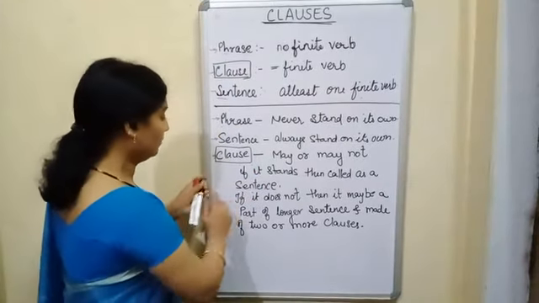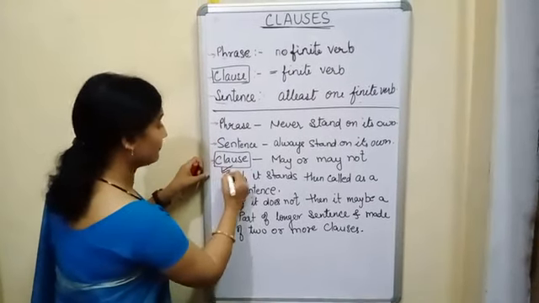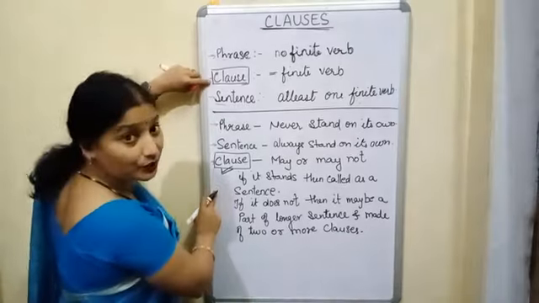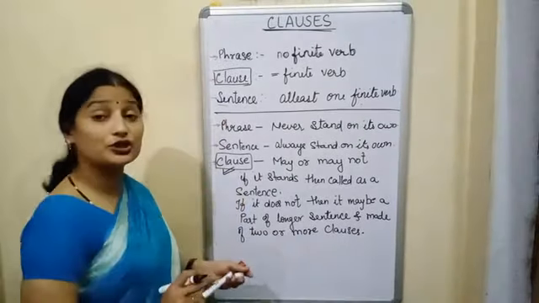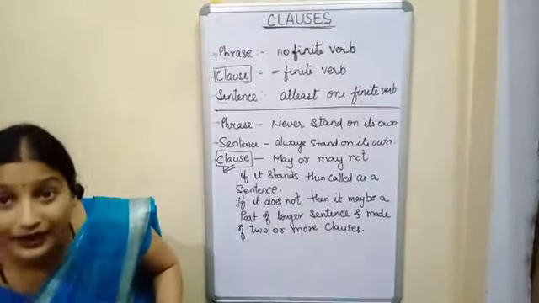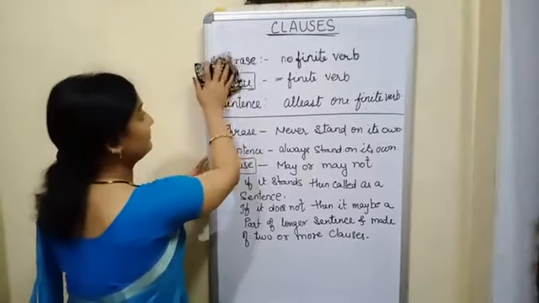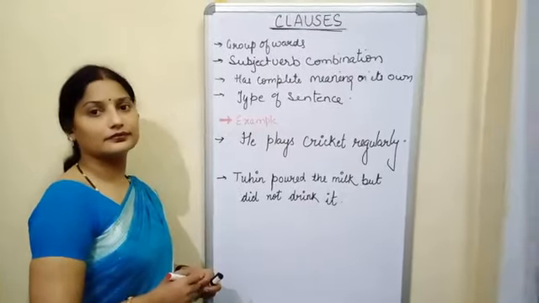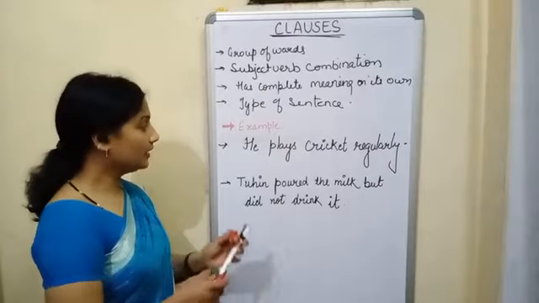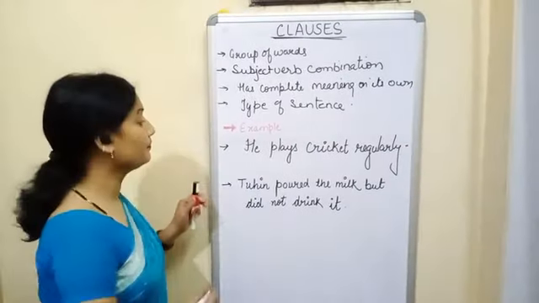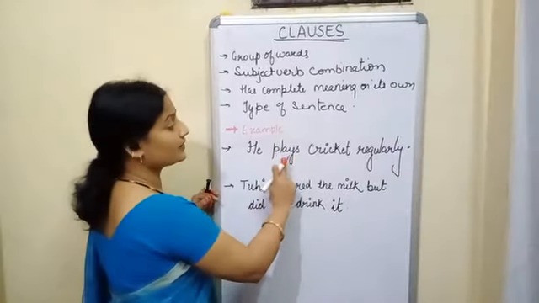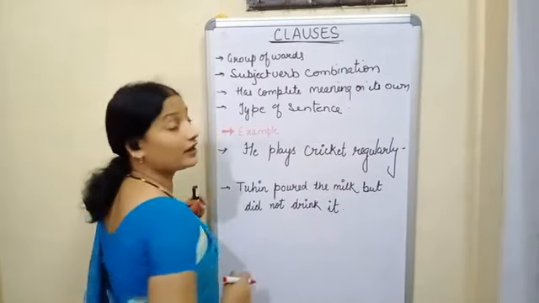Clear? Now, this point and finite verb, these two I am going to explain to you with the help of one example. See. Now see children, here I have written one example. He plays cricket regularly.